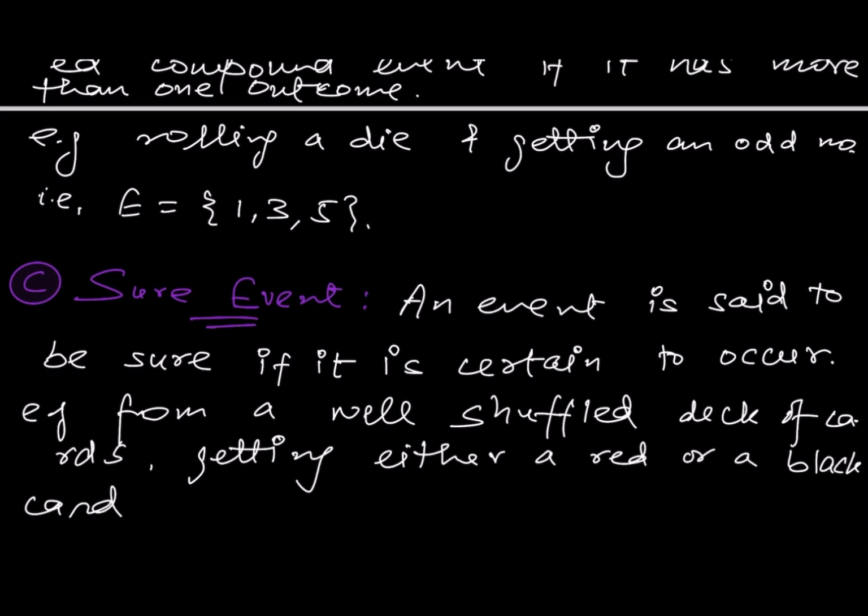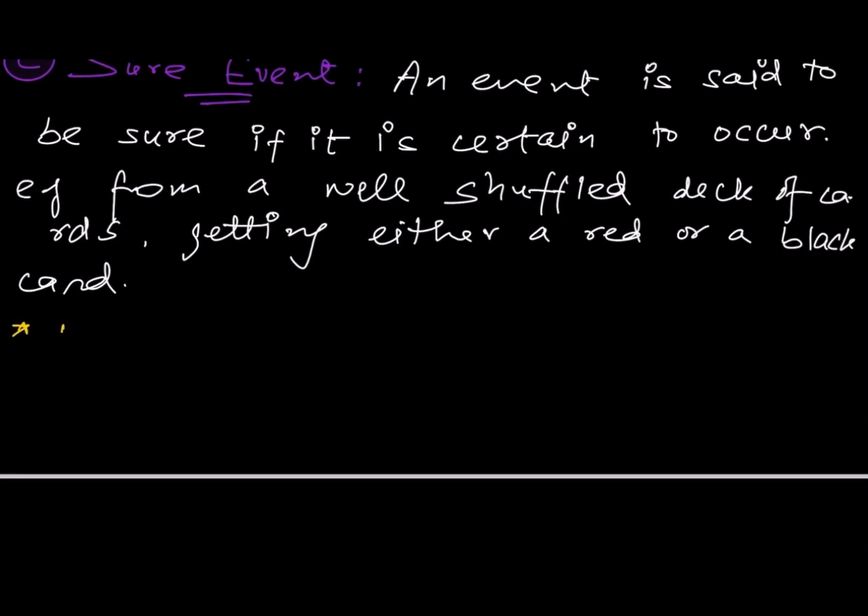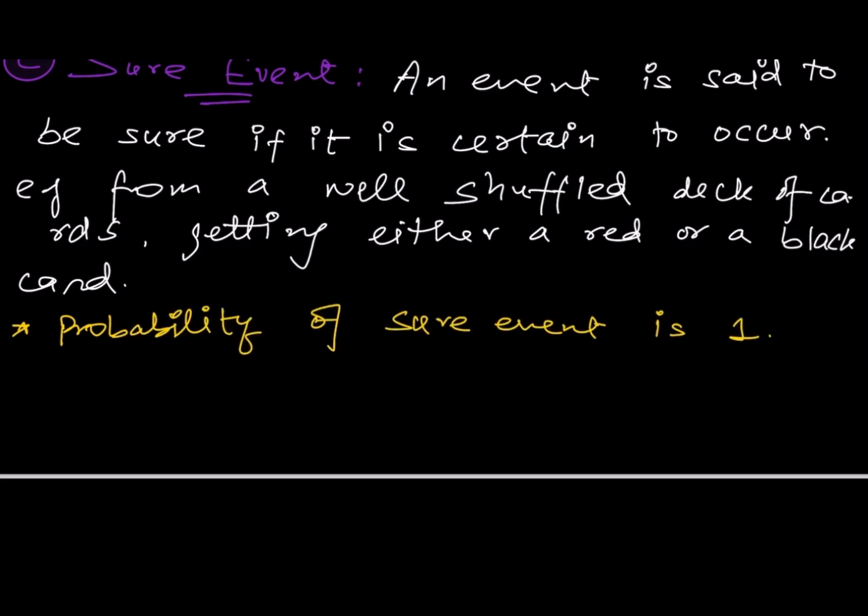One is black and other is red. So for sure we will get either a red or a black card. Also, probability of sure event is 1, right?